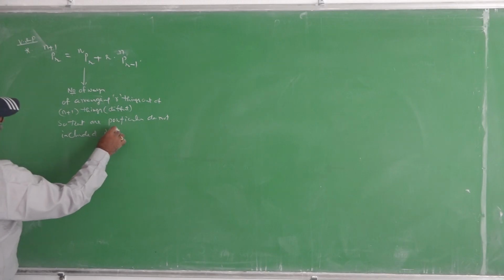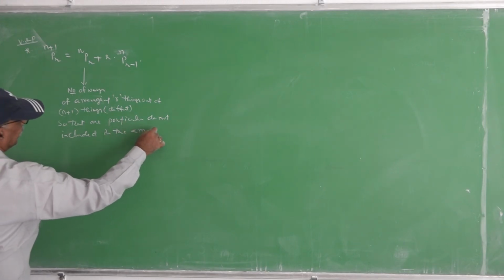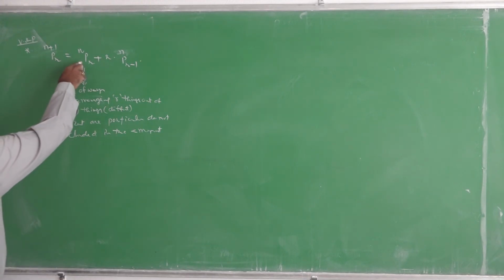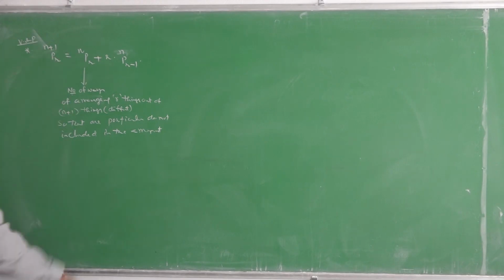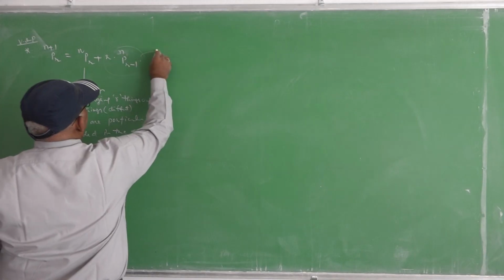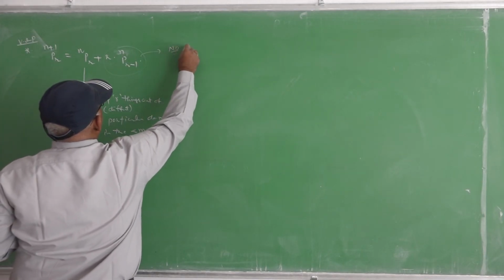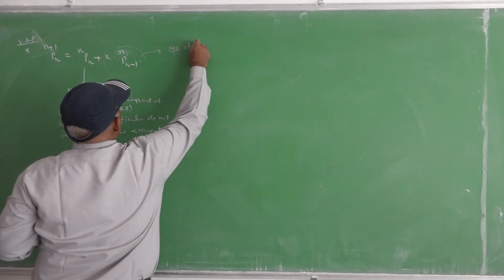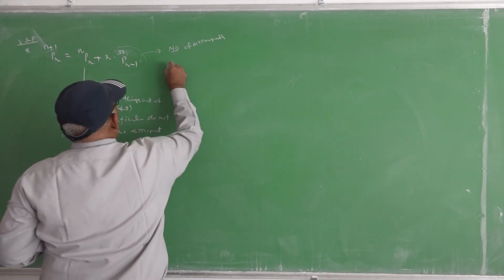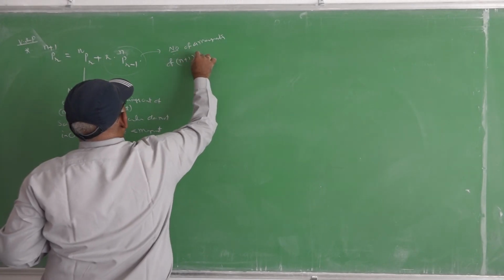Not included means the particular thing which does not come in the arrangement is set aside and the arrangements are made out of n different things taken r at a time. So this one is the number of arrangements of n plus 1 different things taken r at a time.